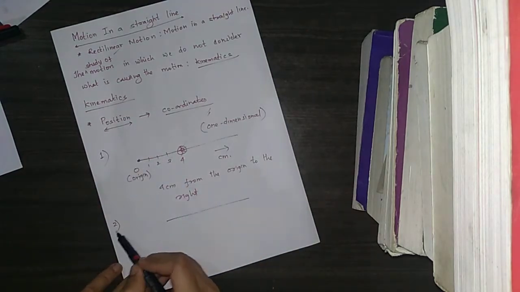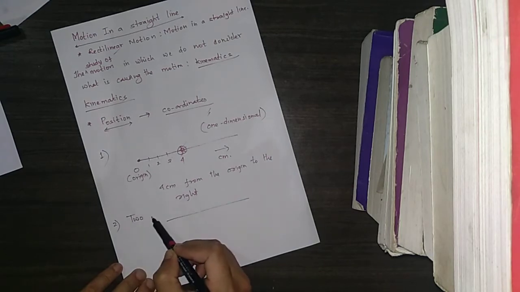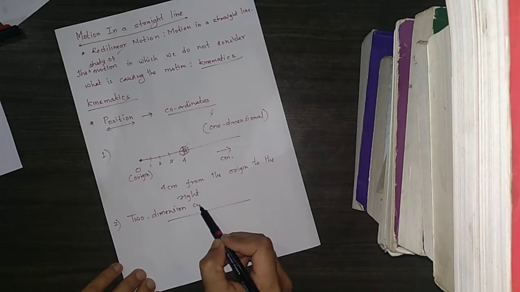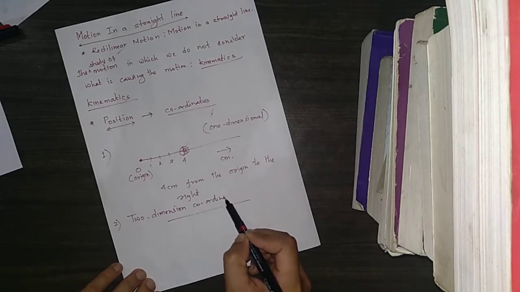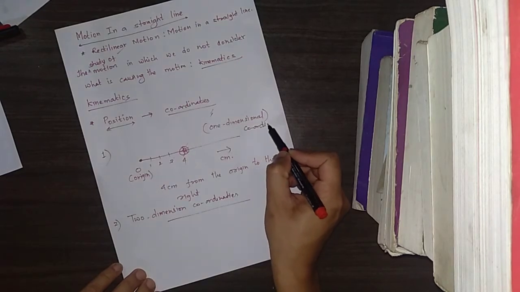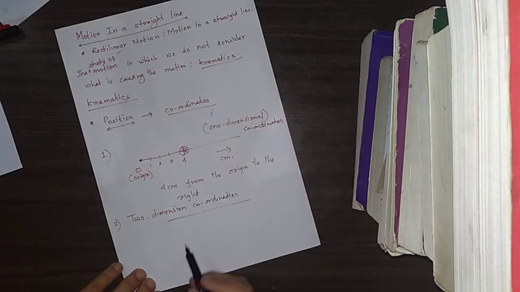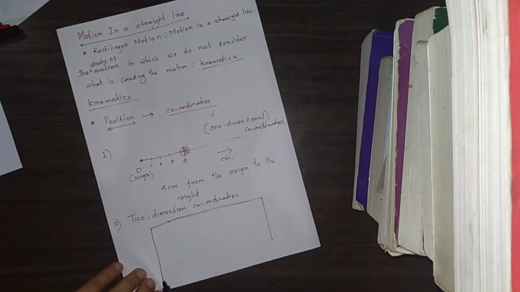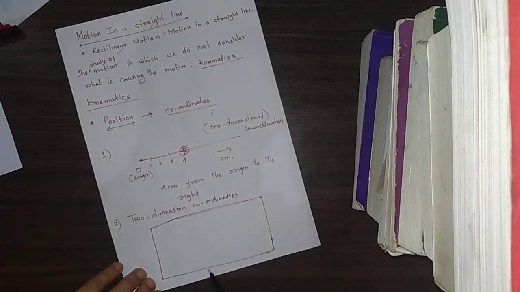Second will be two dimensional coordinates. So first one is one dimensional coordinates. In two dimensional coordinates, let us consider a sheet of paper, and I have given you a very small point. You can consider this to be a ball also.